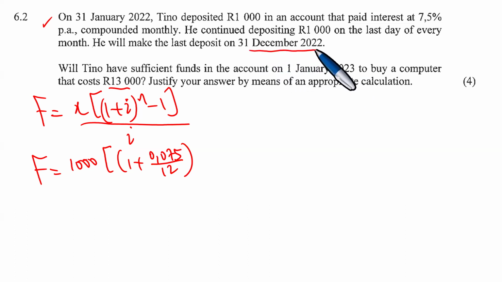Remember, you'll make the last deposit on 31 December 2022, but on 31 January, Tino deposited 1,000. He continued depositing 1,000 on the last day of every month, and he'll make the last deposit on 31 December. And now it's 2022, so from January to December is 12 months.